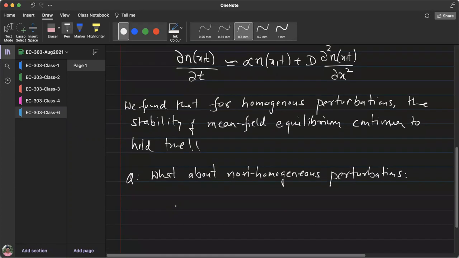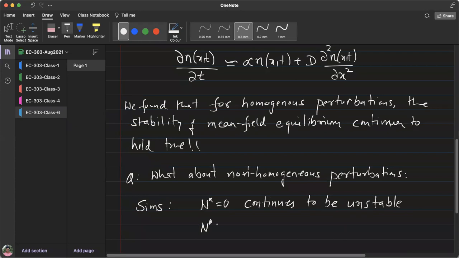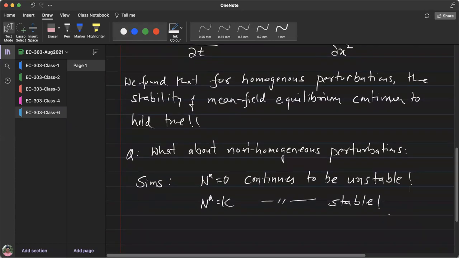I think, at least in the logistic model in space, what we found is that n star equal to 0 continues to be unstable, at least for the few examples we tried. On the other hand, n star equal to k continues to be stable. So at least from the simulations, it appeared like even when we have non-homogeneous perturbations, our results do not change.